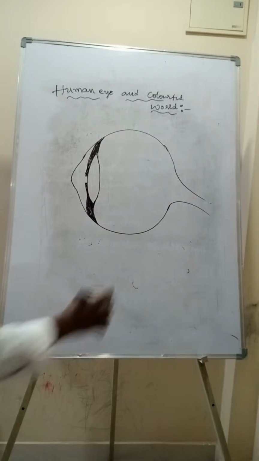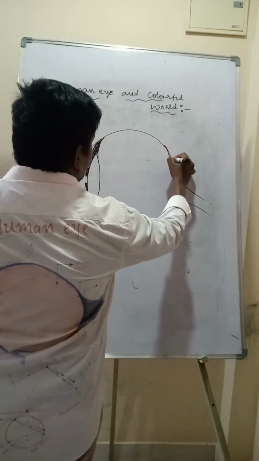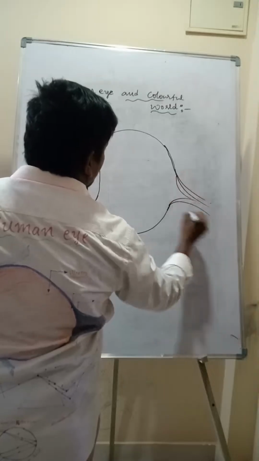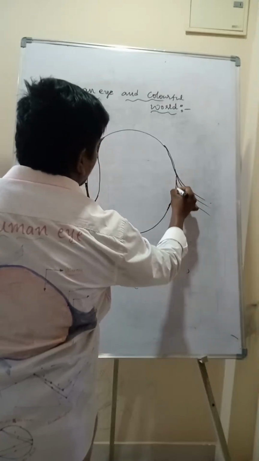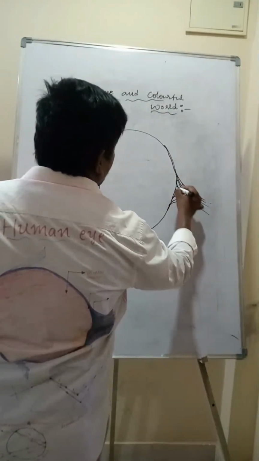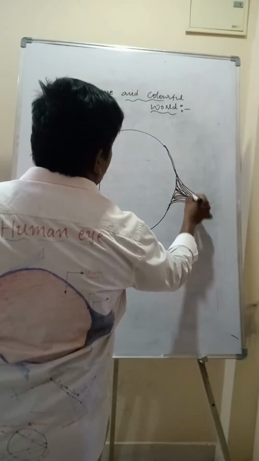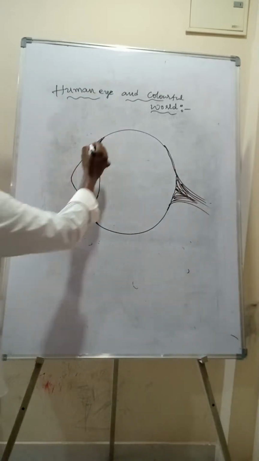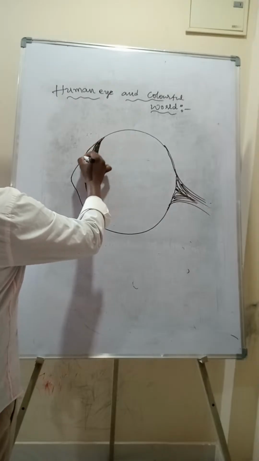So this is the optic nerve. So I'm considering the optic nerve. So cornea. This is the cornea.